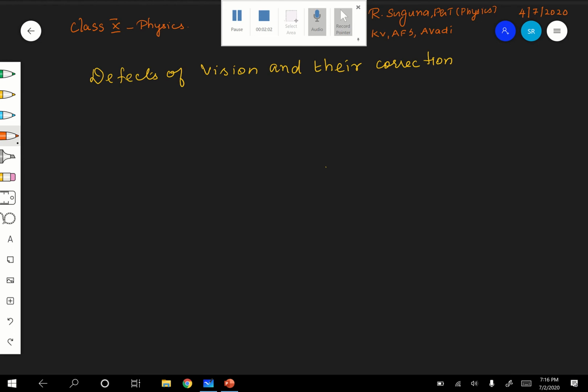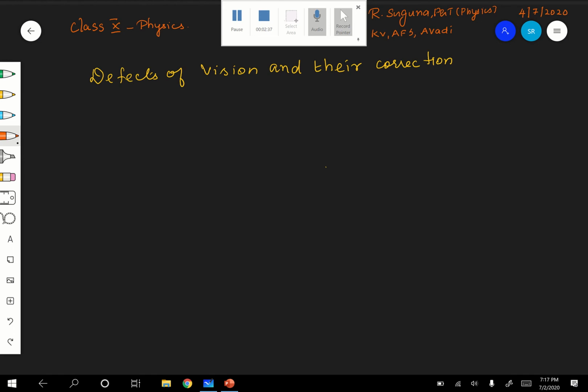The reason is some refractive defects of the eye lens. Because of that, you cannot see the objects clearly, but you will see only a blurred image. The reason is that the eye loses the power of accommodation.